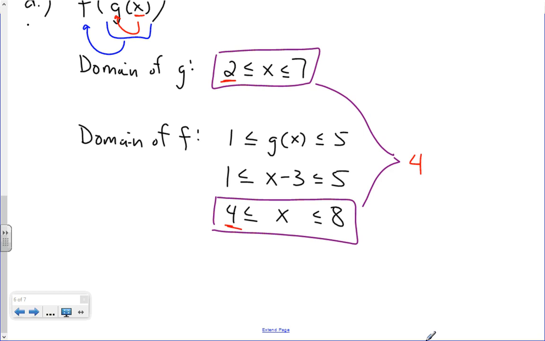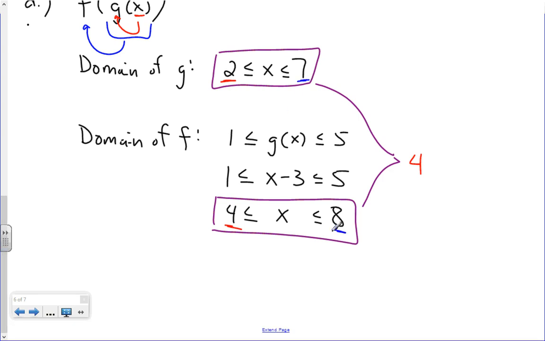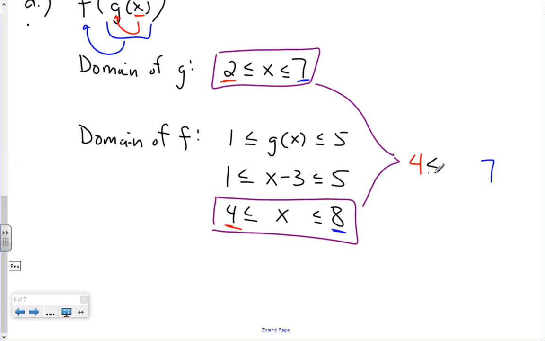Then do the same on the upper bound, but for the upper bound, look at your two values, the 7 and the 8, and pick the smaller of those two. So that's the 7. So the resulting domain, if I fill in the rest of my interval here, is 4 less than or equal to x, which is less than or equal to 7.